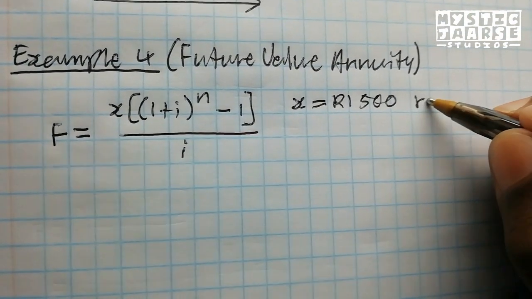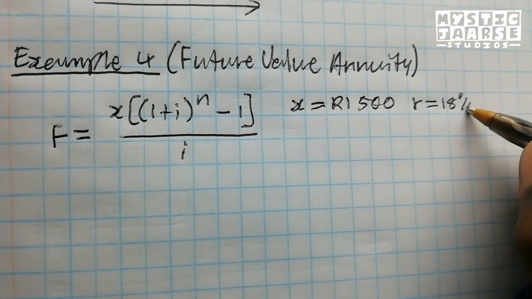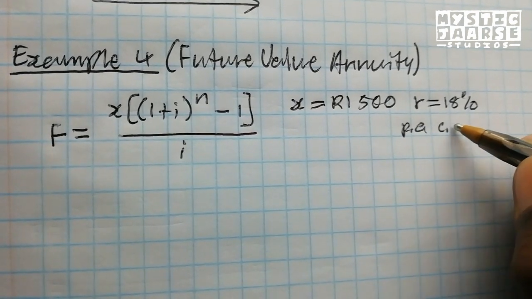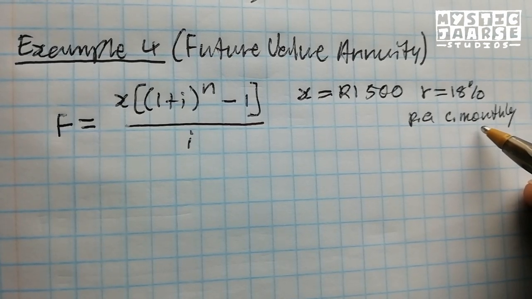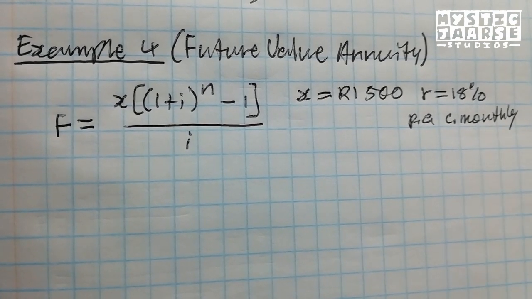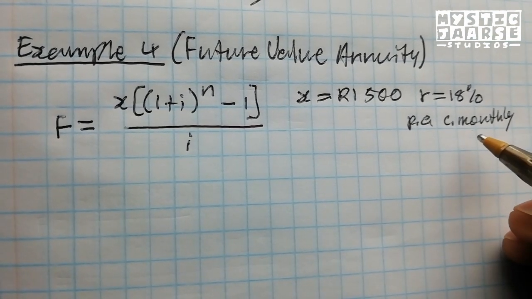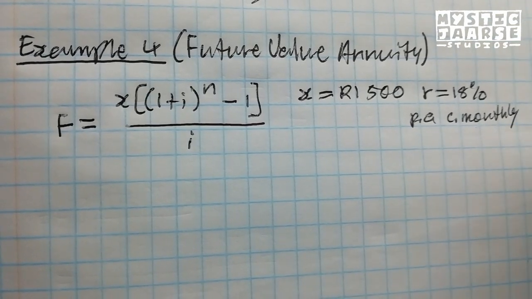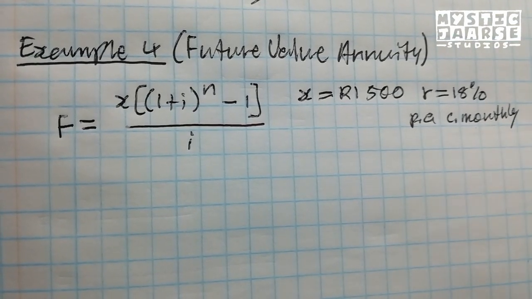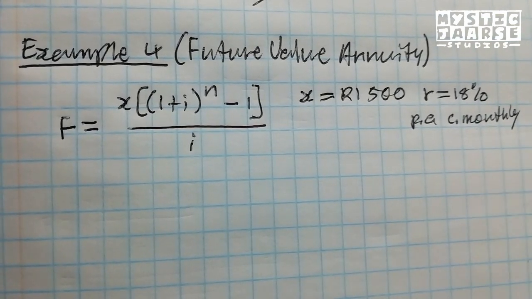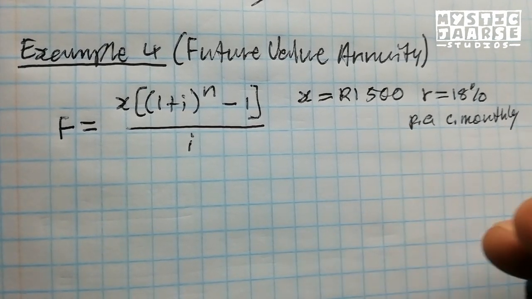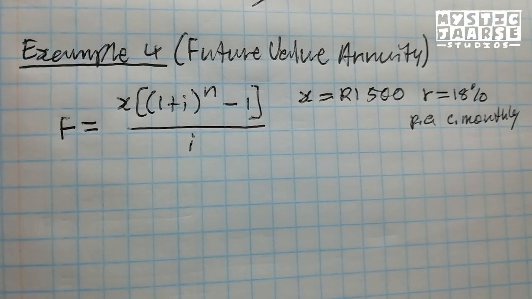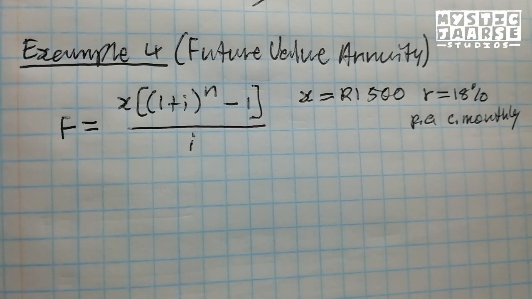The interest rate is 18% per annum compounded monthly. Now usually when the interest rate is compounded monthly, the compounding frequency dictates how often they will put the money into the account. So if it was compounded quarterly, then they were going to deposit 1,500 rands each and every quarter, which is every 3 months.